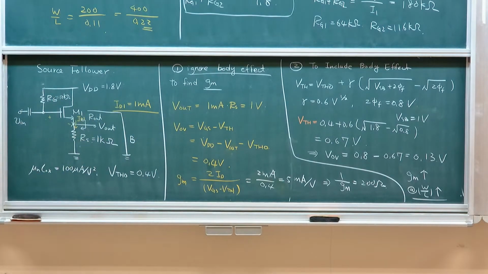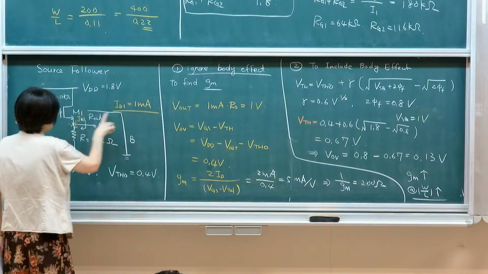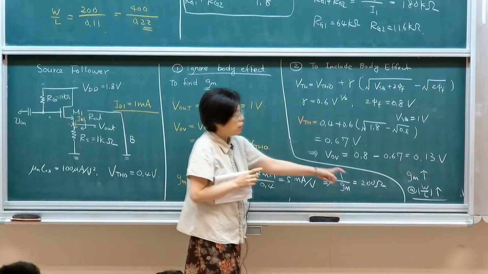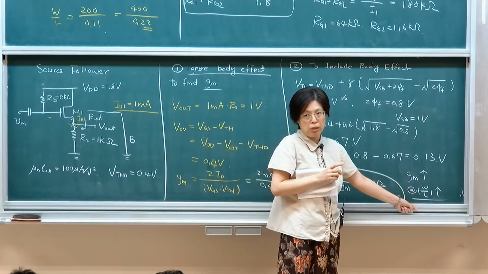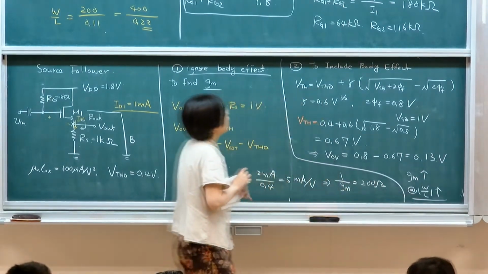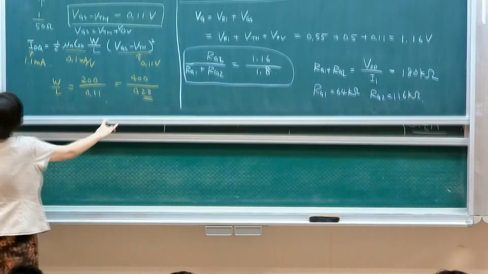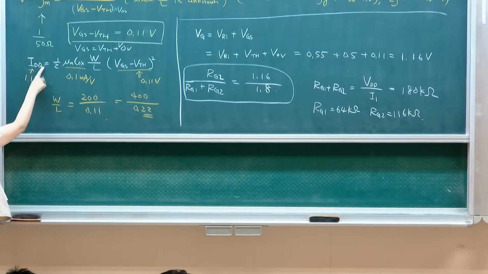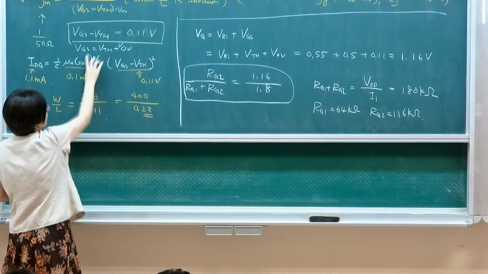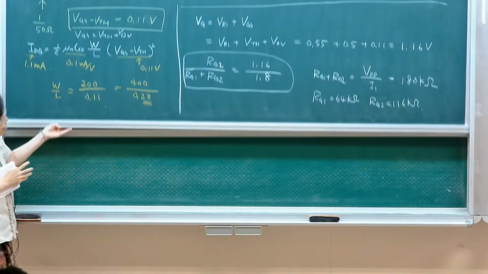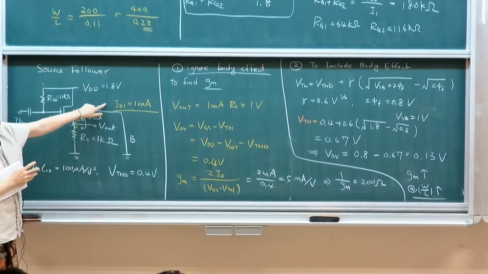The reason why we don't see this is that we didn't go back to check under this balancing point, under this 1 milliamp. If I'm considering body effect, you would then need a much larger W over L. The reason is because of this equation. Let's say this remains the same, but your overdrive becomes smaller, therefore your W over L needs to be higher to sustain this same amount of current.